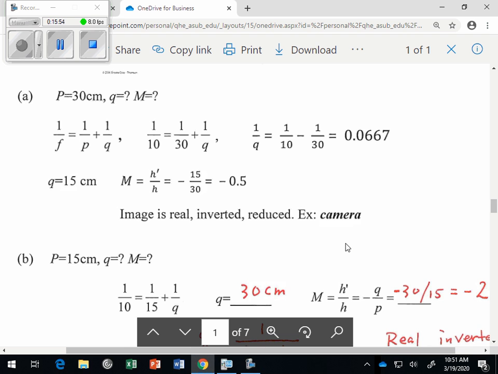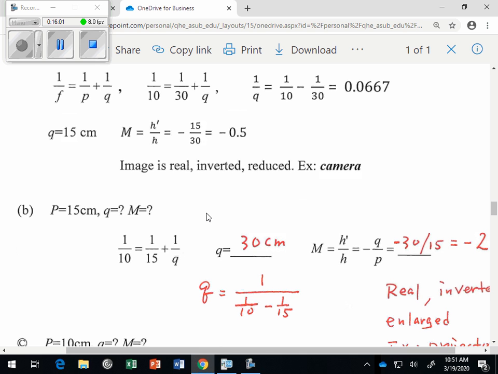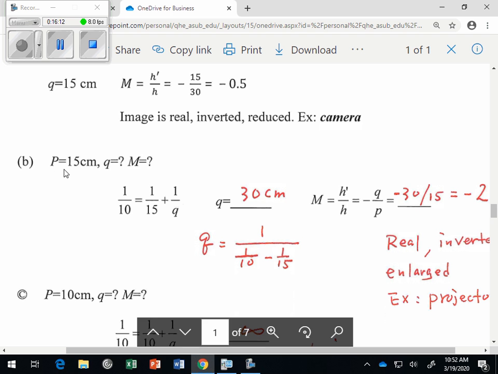Camera. So now let's go to the second example. I will give you the rest for your practice. You can open your textbook or go to my class notes on Canvas and do the rest. So now for the second example, what if P equals 15 centimeter?